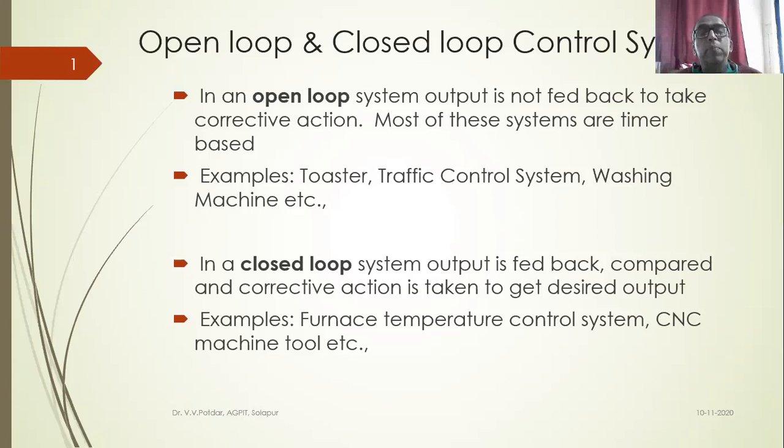So there are a number of examples of closed loop control systems. So this is how we can have a broader comparison of open loop and closed loop control systems. In open loop control system, output is not fed back to take corrective action, whereas in closed loop control system, output is fed back and compared, and corrective action is taken to get the desired output.